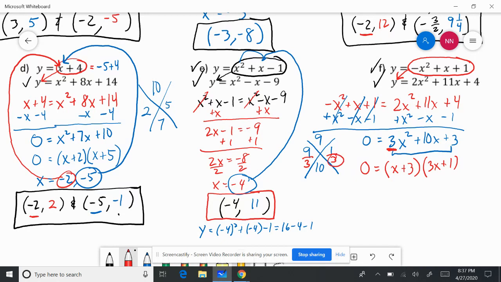The bottom goes to the top. So that gives me two answers. One is -3. The other one is -1/3. So that means I'm going to write two ordered pairs, -3 comma some number, and -1/3 and some number.